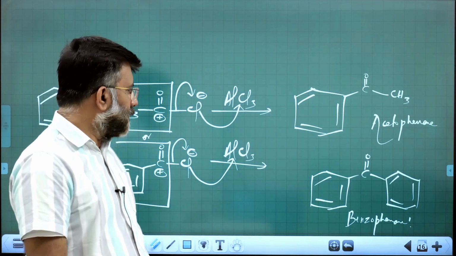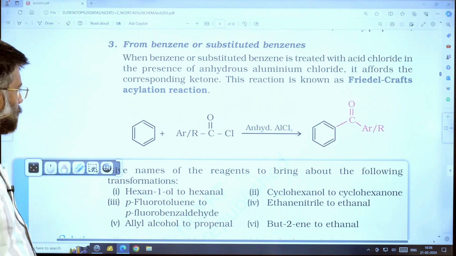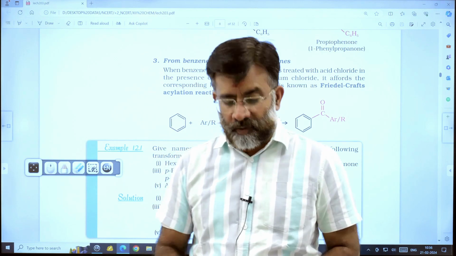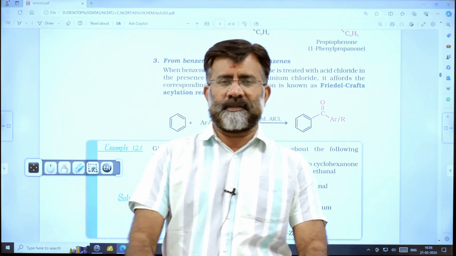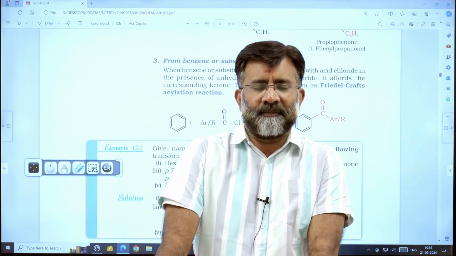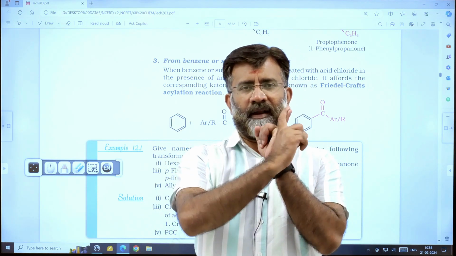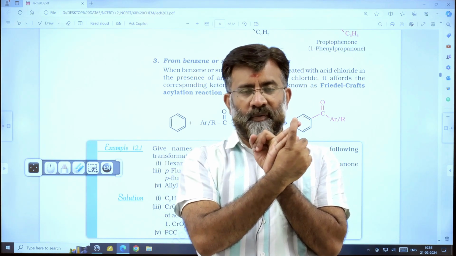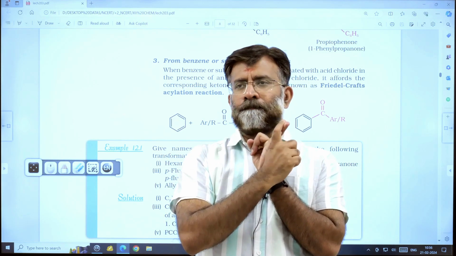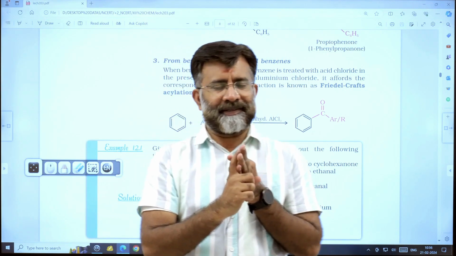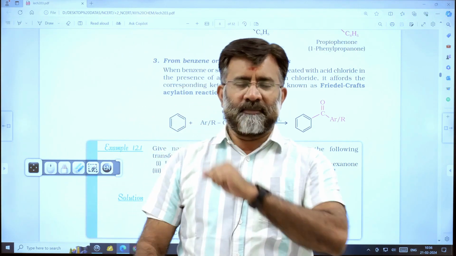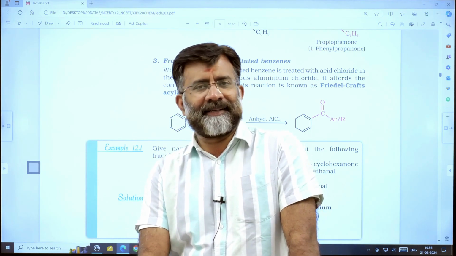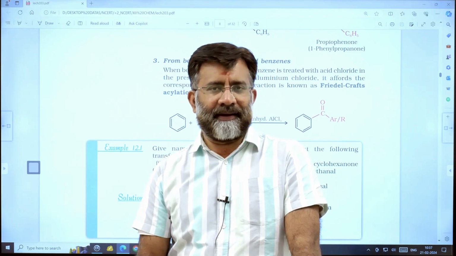Right? And there comes an end of the preparation of ketones. Not only ketones, aldehydes and ketones. So what are the methods referred? Oxidation of alcohols, catalytic hydrogenation, dehydrogenation of alcohols, then ozonolysis reaction, hydration of alkyne, Rosenmund reduction, Stephen reduction, reduction using DIBAL-H, Etard reaction, a similar reaction using acetic anhydride.